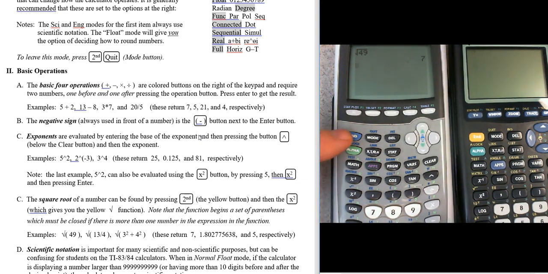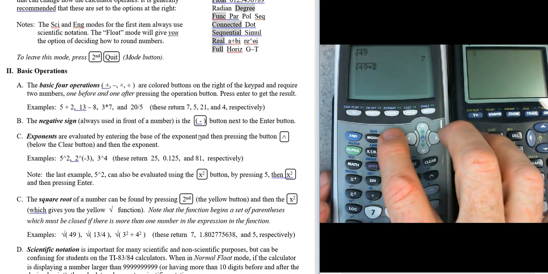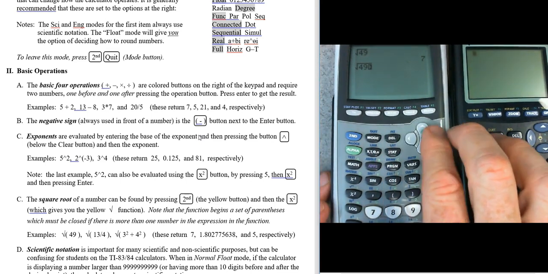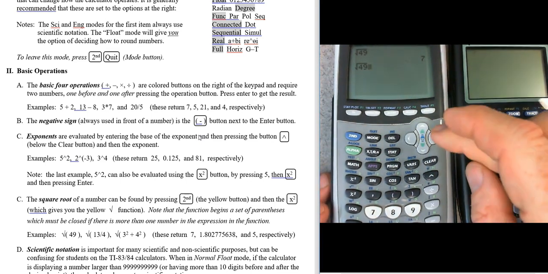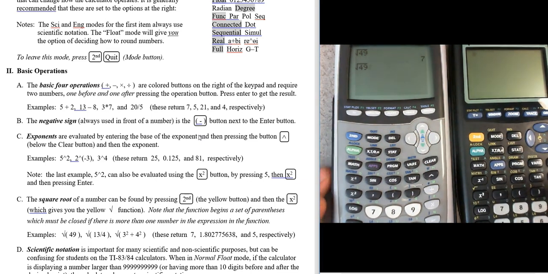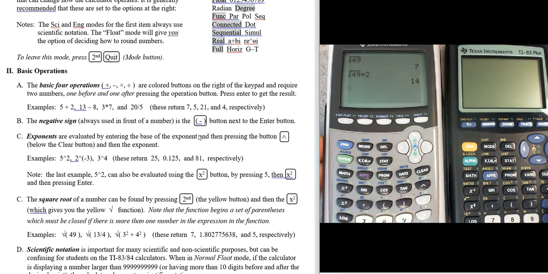Well, if you go square root of 49 and then just times 2, it's putting the times 2 inside the square root. And if that's not what you want, then you have to get out of the square root. You have to hit the right arrow here to get out of the square root, and then you can do times 2. And of course that would be 7 times 2 or 14. Okay? So that's how it's done on the 84.